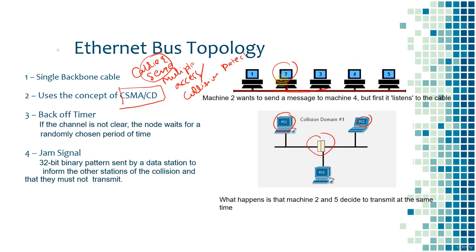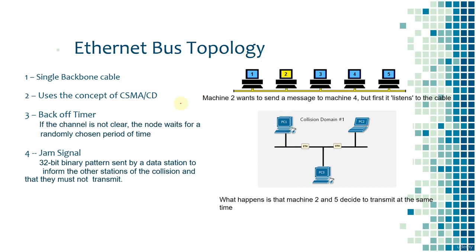Multiple access means all computers have multiple access, so they can access the cable anytime. If a collision happens, they mitigate it using collision detection. So this CSMA/CD is the mechanism they were using in the old technology.